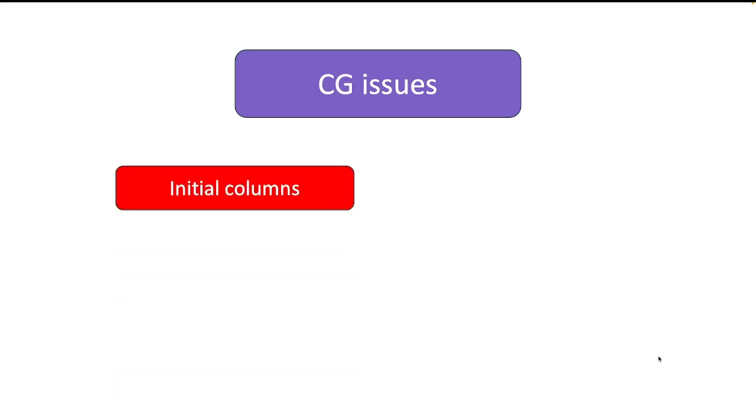So there are many ways in which we can address that training time issue. One of them is using initial columns. The idea is that we don't have to generate all the columns using the column generation process. Some of these columns we can directly put at the beginning in the master problem, and that reduces the number of iterations. For this project I didn't do anything about initialization.